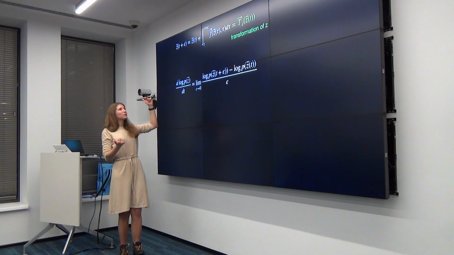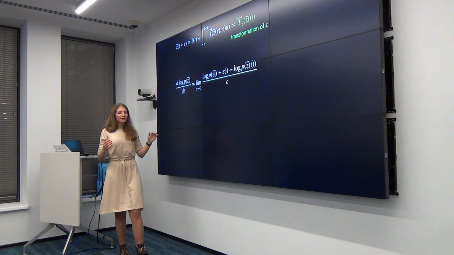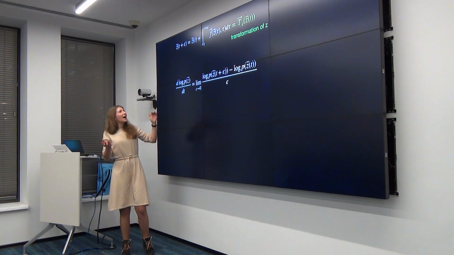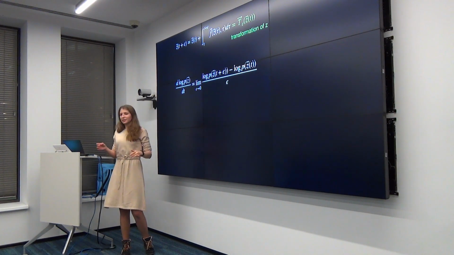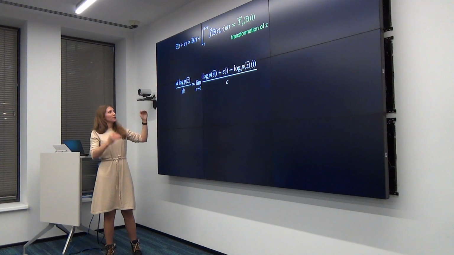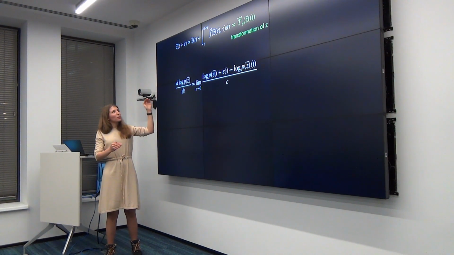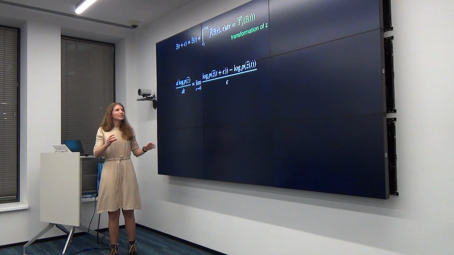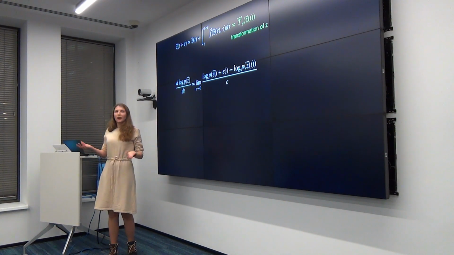If our function f is good enough, I'll explain later what it means, our solution is unique. And if so, our transformation of z at time t is invertible.